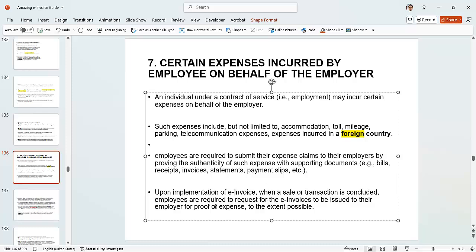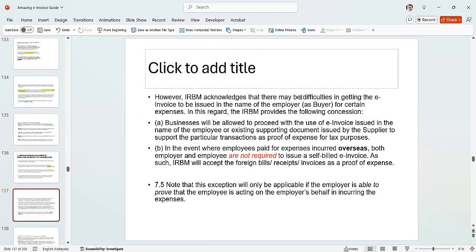So same thing, you can issue the e-invoice, right? But this is a foreign country, so in a foreign country it may not be possible. However, it can be issued in the name of the employee for certain expenses. So same thing, businesses will be allowed to proceed with the use of an e-invoice issued in the name of the employee.